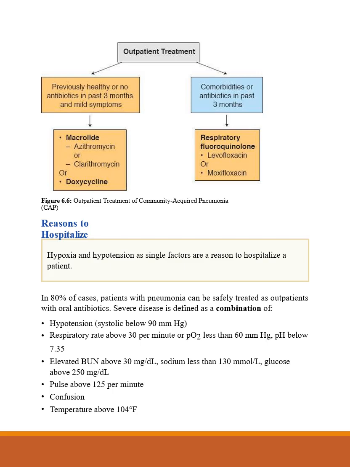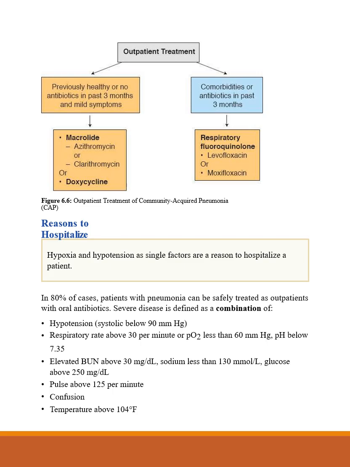There are different reasons for hospitalization, but the most important are hypoxia and hypotension, which are single factors that are the reason to hospitalize a patient. In 80% of the cases, patients with pneumonia can be safely treated as outpatients with oral antibiotics.